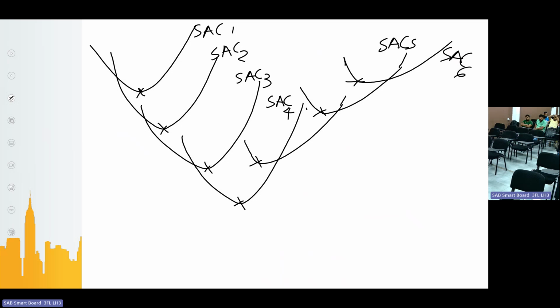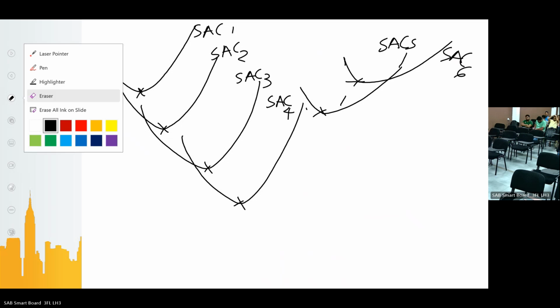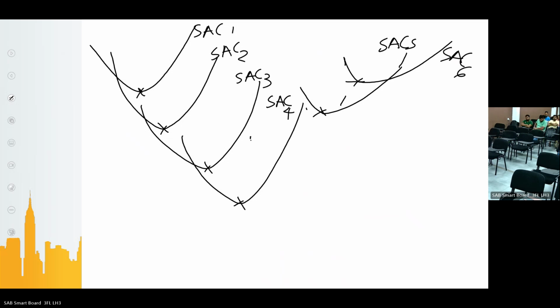The long-run average cost curve. Let's derive the long-run average cost curve.